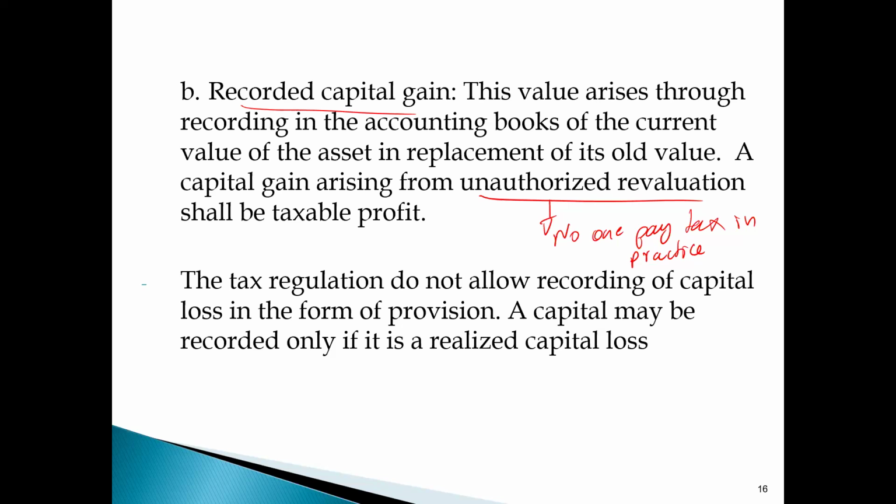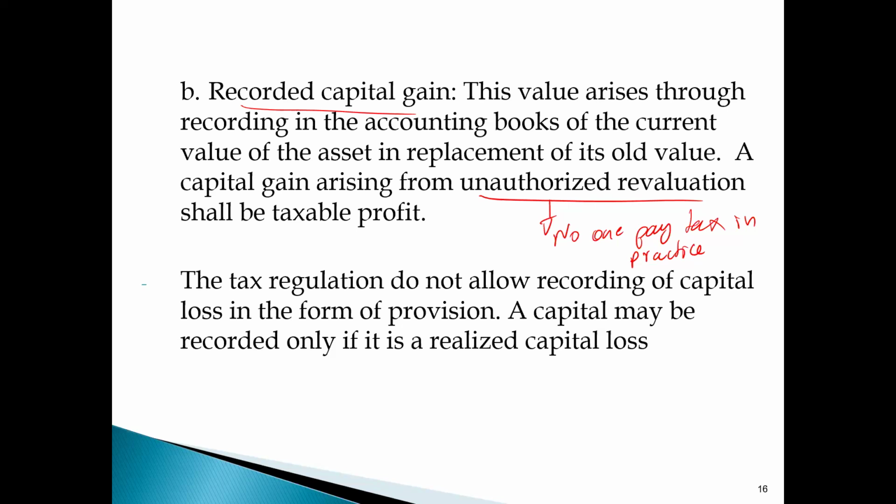So it seems to contradict, and that's why nobody pays, because they say they follow the general principle, the main rule. If the main rule says only realized income, a revaluation is not realized. You just record it based on accounting rules.